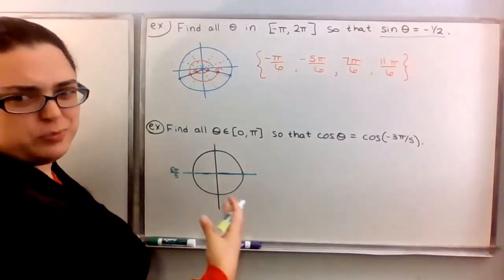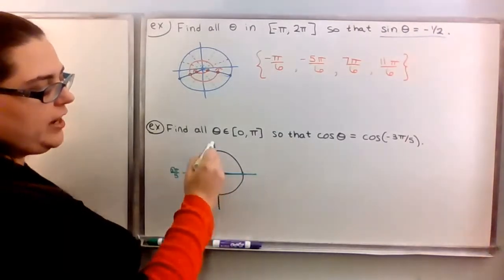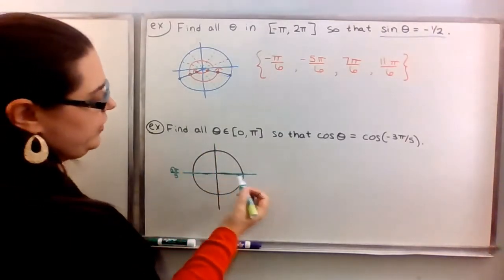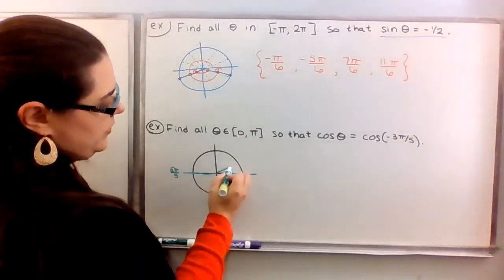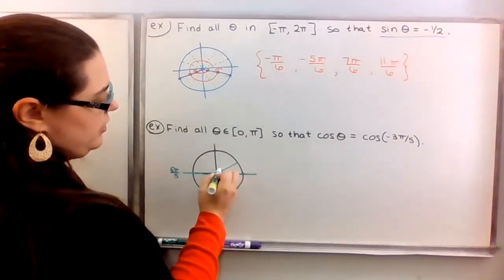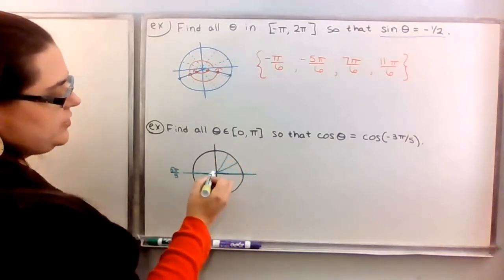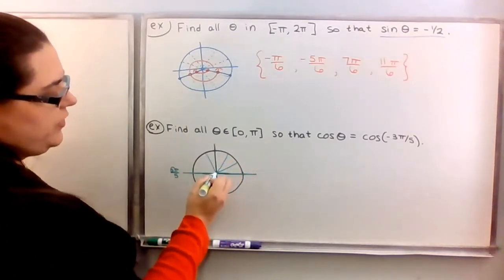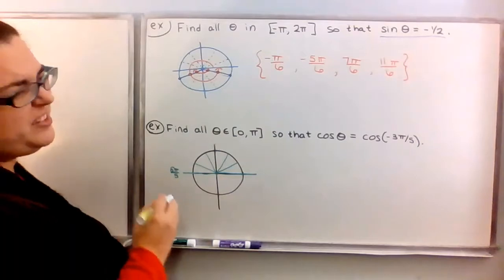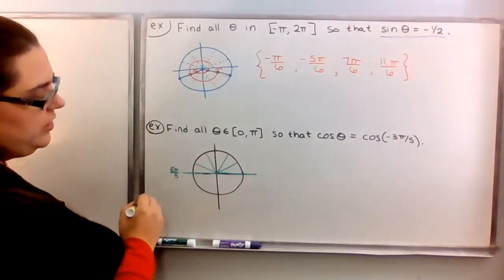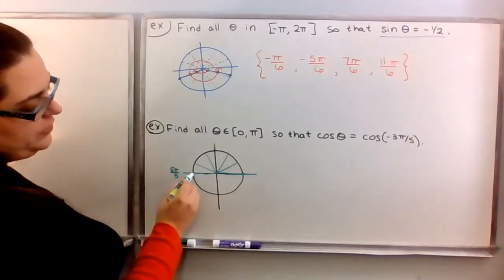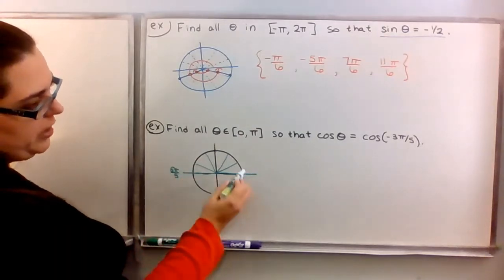So I don't have to be super precise. I'm just going to use this as a guide. This is my 2.5 pi over 5. So let's say that this is 1 pi 5th, and let's say that's 2 pi 5ths, and then 3 pi 5ths and 4 pi 5ths. It's really not perfect, but it doesn't have to be. It's just a guide to count. And then here we have our 5 pi 5ths, and we'll do the same thing for the bottom half.